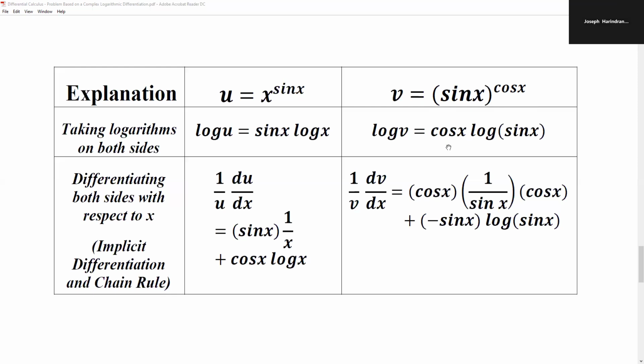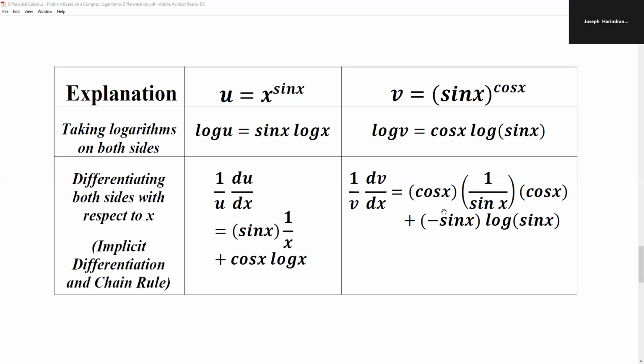Bring the cos x to the multiplication side to multiply by log of sin x. So cos x into log sin x. Now differentiating both sides with respect to x again, we get implicit again. So 1 by v into dv by dx.